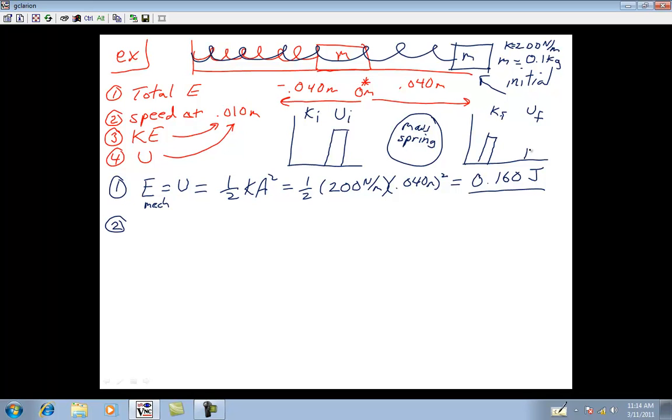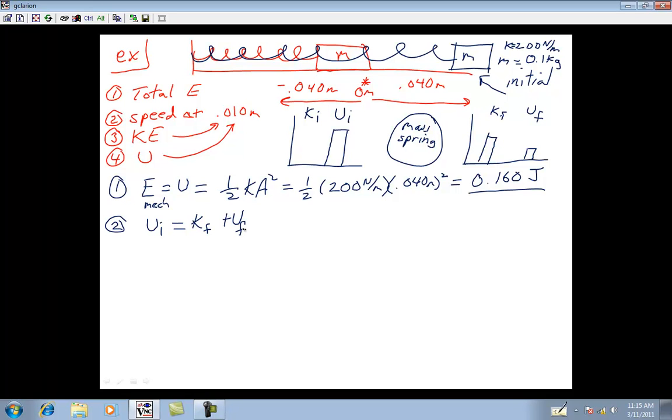Some values, we're not sure, but these two have to add up to that. So in writing out that equation, if I compare these two values, all I get in the beginning is initial potential energy, which is equal to the final kinetic plus the final potential.